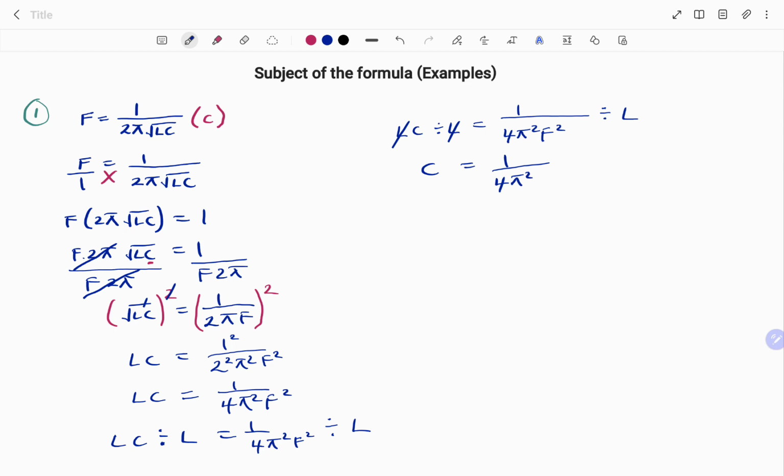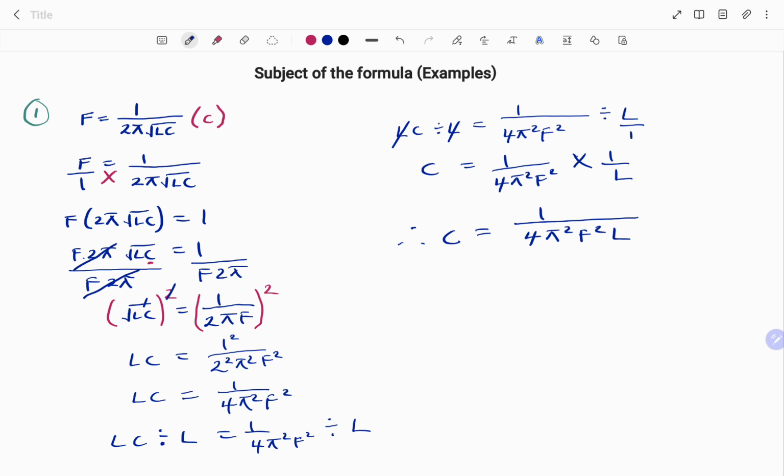One, I change my sign, and then I flip my right hand side. So I change my division sign to multiplication and then I flip, this is over 1. If I flip it, it's going to be 1 over L. Therefore, my C, which is my subject of the formula, equals 1 over 4 pi squared f squared L.